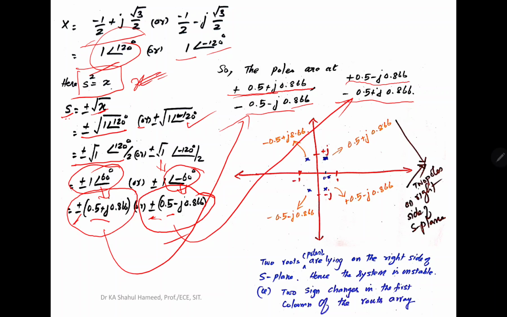Now we have to locate the poles. This is the x and y graph, this is the S plane, with the x-axis sigma and the y-axis j omega.